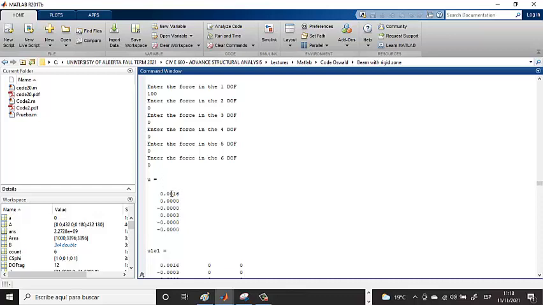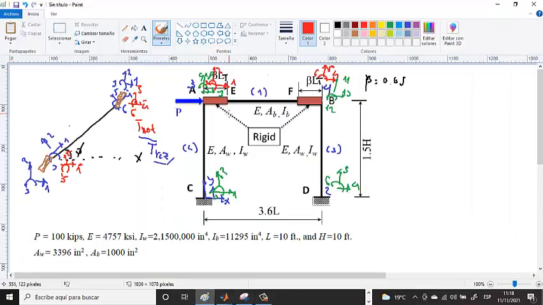As we can see, the translation is equal to 0.016 inches. That is this translation in our graph. These are the 6 degrees of freedom that we are considering for the global structure.